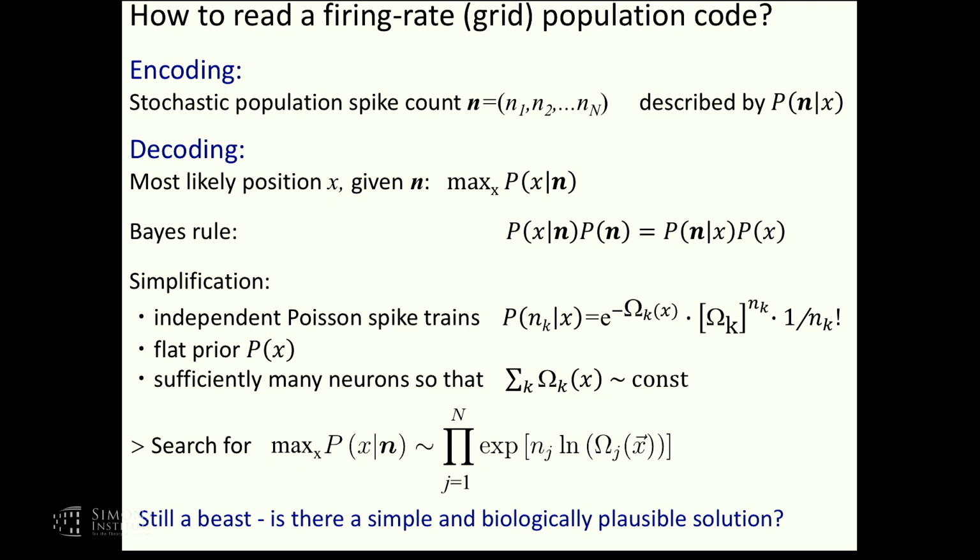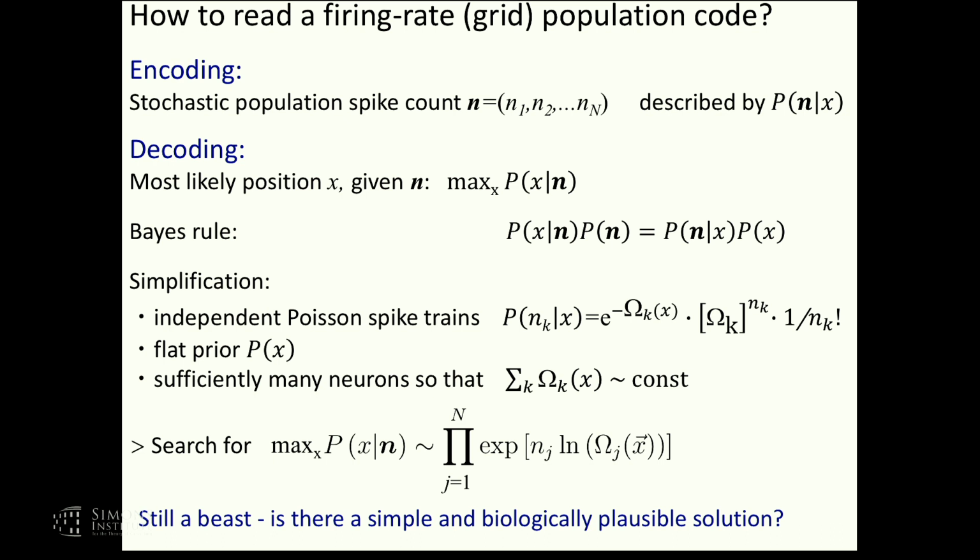This property is in fact fulfilled, or roughly fulfilled, with 10 or 20 neurons per module. So that's not a real tough assumption. The flat prior might be a stronger one, and assuming independent Poisson spike trains is certainly not doing a fair job to reality, as I'll point out at the very end of the talk.